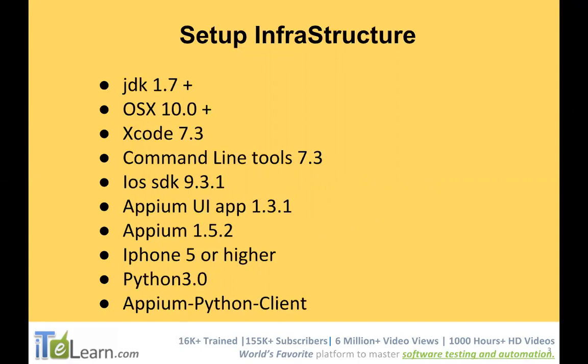First of all, the Mac OS is a mandatory thing, which of course demands you to have a MacBook where you will be running OS X, like for the current scenario in this course, I have a 10.0 higher version to it. Okay. Before that, you need to have a JDK installed on it along with that Xcode.